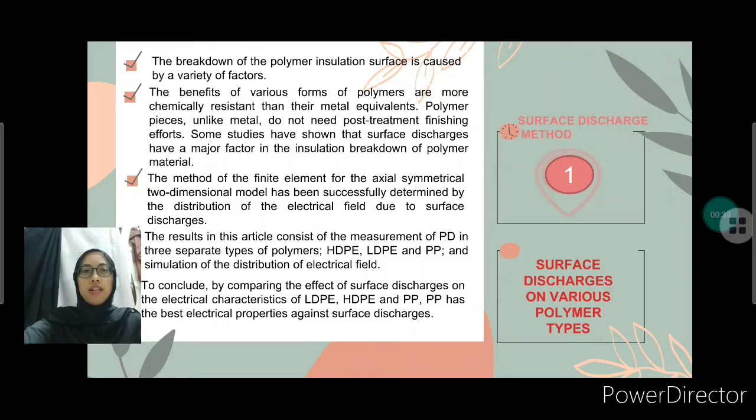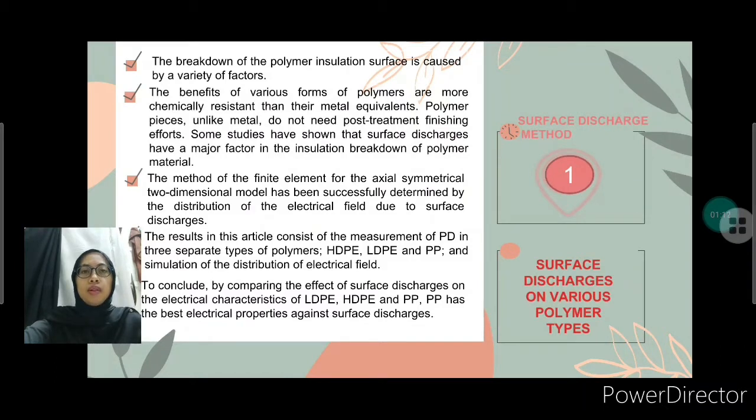The finite element method for the axial symmetrical two-dimension model has been successfully used to determine the distribution of the electrical field due to surface discharge. The result in this article consists of measurement of PD, partial discharge, in three separated types of polymer, HDPE, LDPE, and PP, and simulation of the distribution of electrical field.